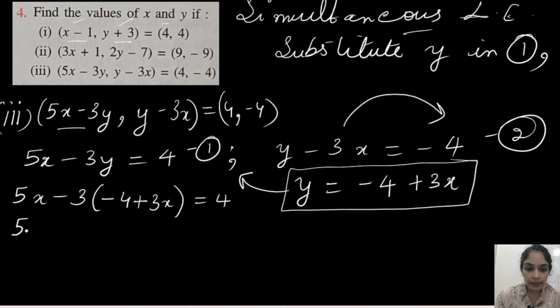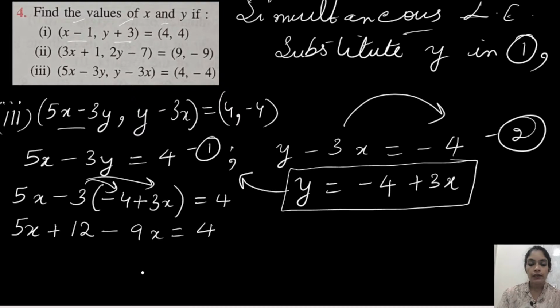So let's simplify this. 5x, so this will multiply. 5x minus, so minus into minus becomes plus, 3 into 4, 12. So 5x plus 12 minus 9x is equal to 4. Like terms we can simplify. 5x and 9x are like terms. So 5 minus 9 is minus 4.